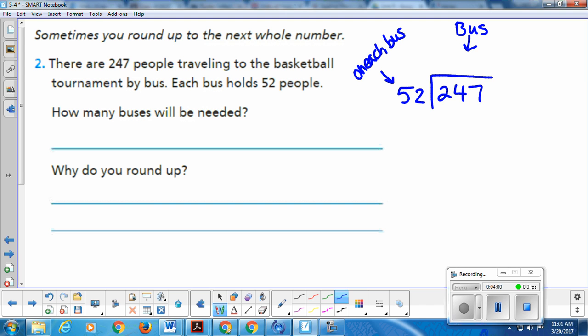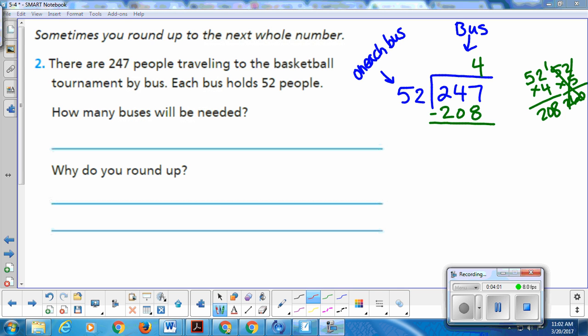So let's do this math. So we've decided that about 4 buses at 52 each, and we're going to have 39 people left over. So what do we need to do to this bus count up here? Add 1 more.